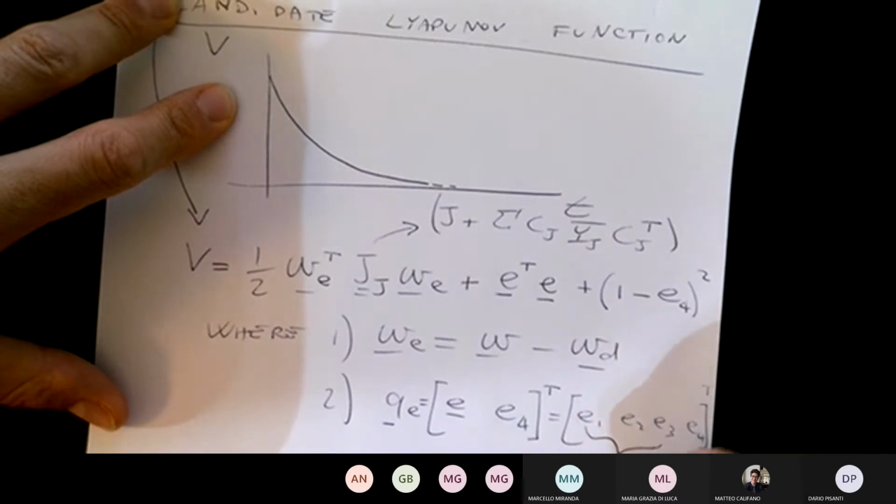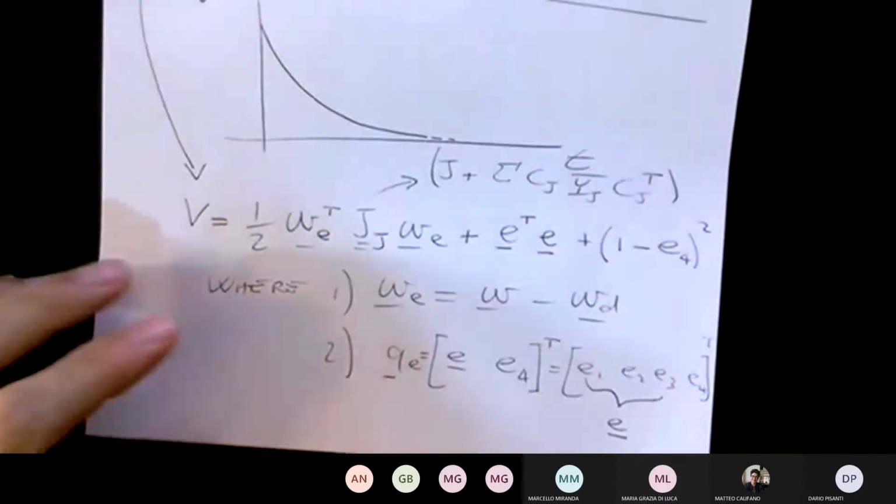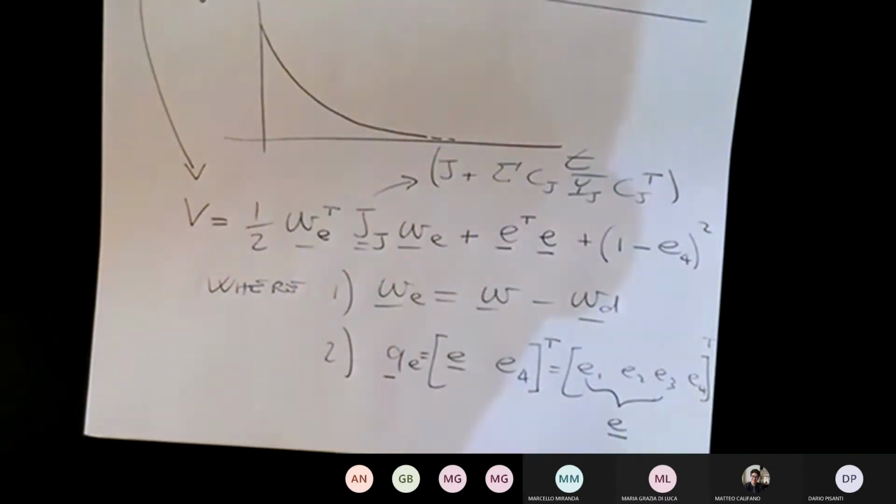And this is nothing more than, for example, what you did yesterday, putting together the DCM between your body and the LVLH, and then extracting the quaternion. It's exactly the same. In this case, you will have a DCM that is given by your desired quaternion, the DCM of your spacecraft. You multiply them together, you extract the quaternion. That's the quaternion error, the difference between your orientation and the desired one.